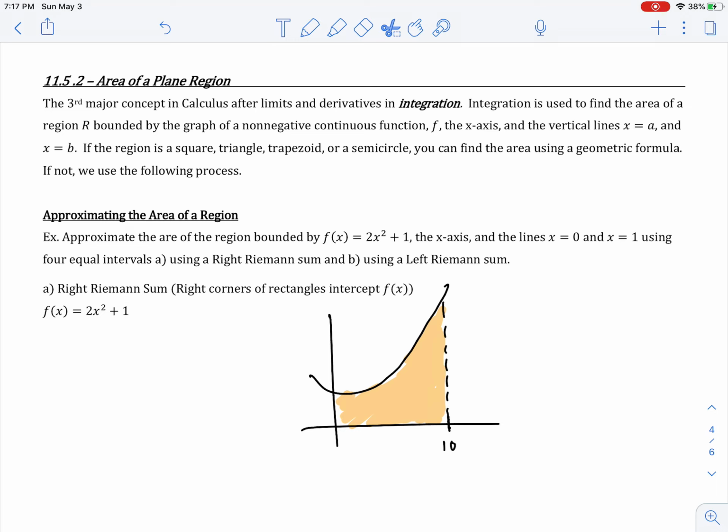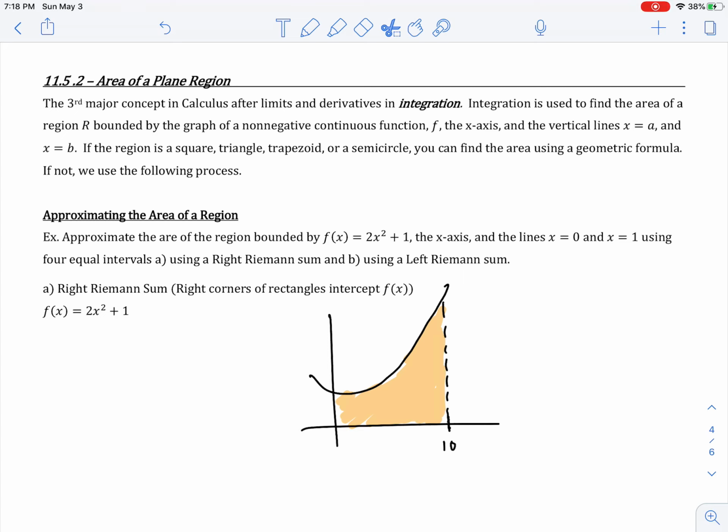And that process of using, in this particular case, rectangles to estimate this area underneath the curve is the process of using something called Riemann sums. And there are two different types. There are left and right Riemann sums.